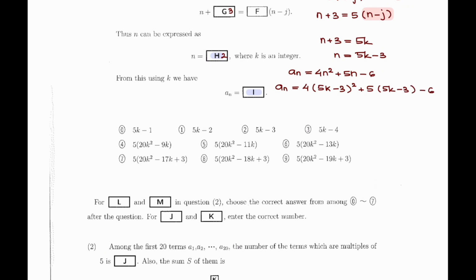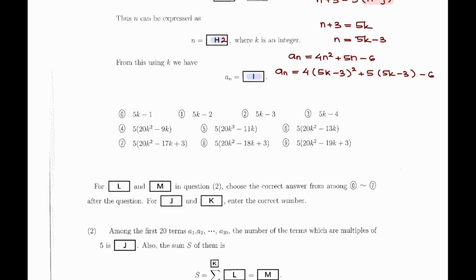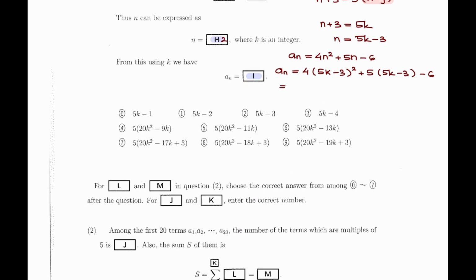By simplifying this quadratic equation, I think we will obtain the correct answer for letter I. I will expand it first. 25k squared minus 30k plus 9 plus 25k minus 15 minus 6.